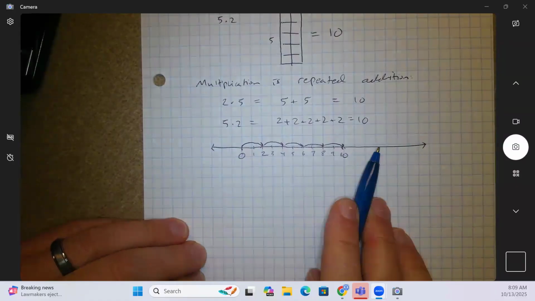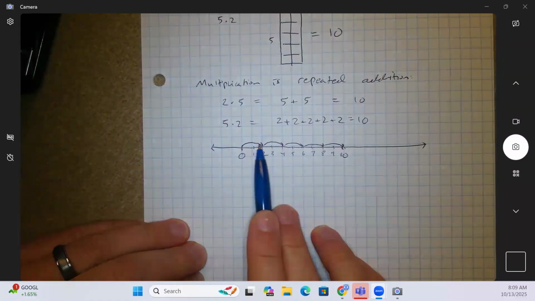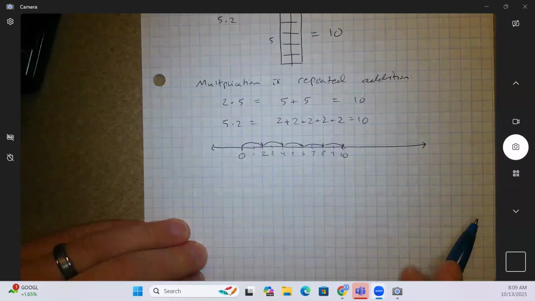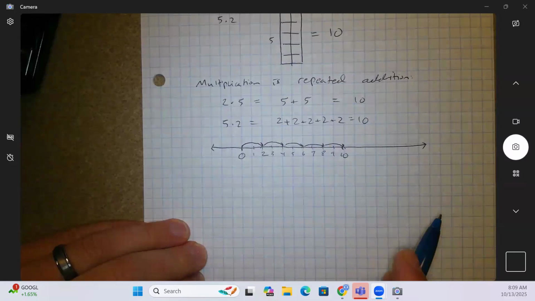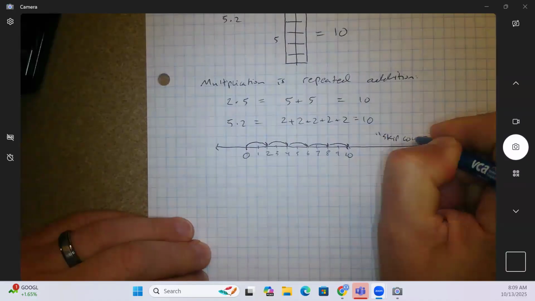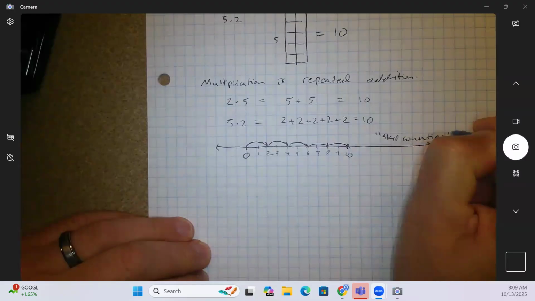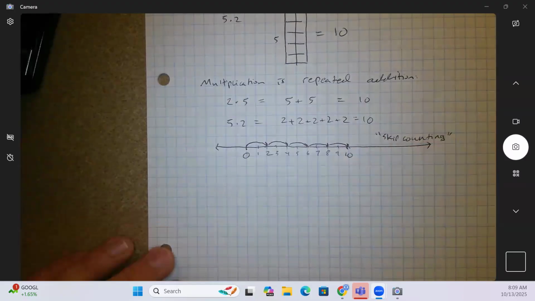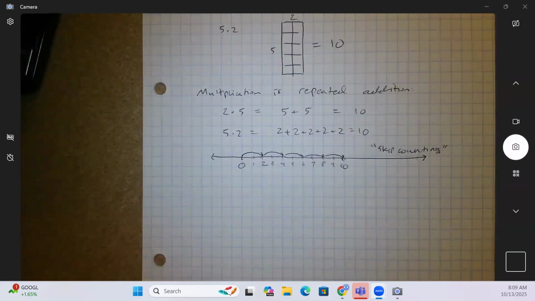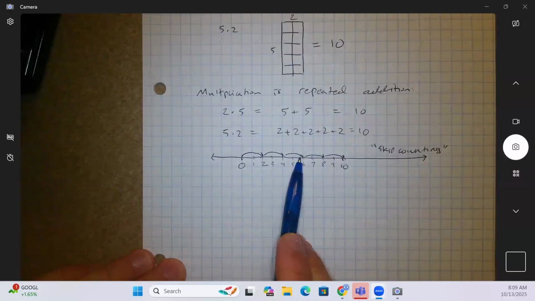I don't know if you have heard of that. So we're counting by 2s: 2, 4, 6, 8, 10. The rectangle idea kind of breaks down when you're multiplying negative numbers, because what does a negative square look like? Right? And that's why this skip counting approach can be useful.